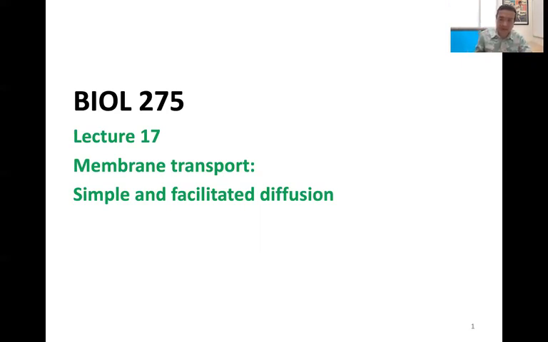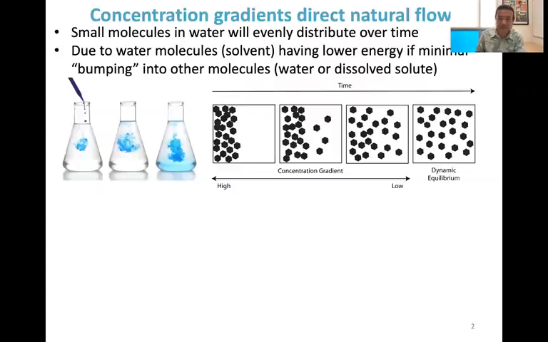Very clearly, things must be allowed to pass from one side to the other in order to allow for different life processes to take place inside the cell. So this lecture and the next, we will look at different examples of how things are regulated, moving across these membranes. So today's lecture will introduce this and talk about simple and facilitated diffusion.